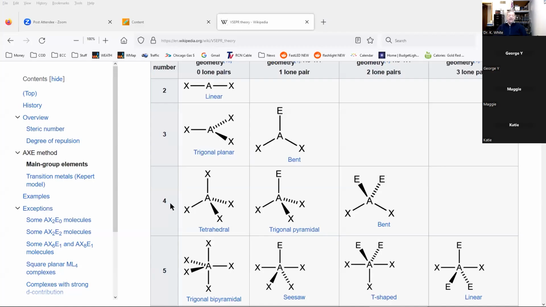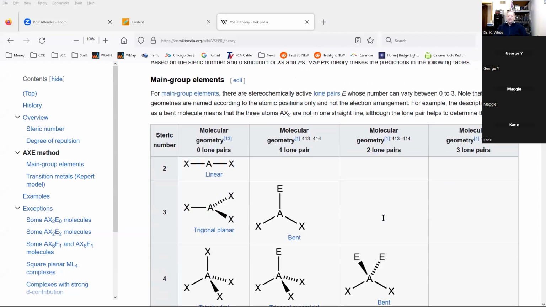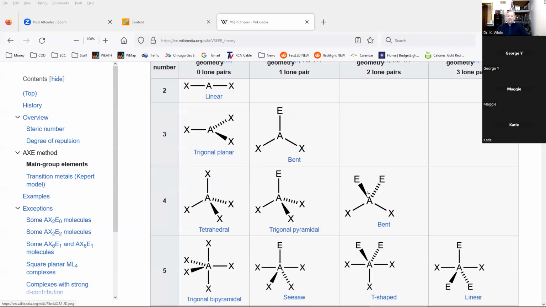Again, switch is off, but Dr. White's having fun. If we look over here, where it has molecular geometry, 2 lone pairs, that's what the E is, it's bent. A is oxygen, X is hydrogen.